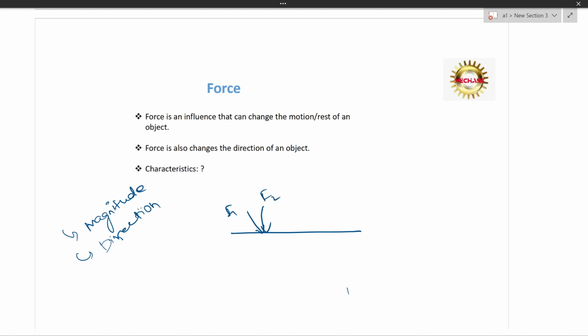What is the difference between F1 and F2? The angle. Here the angle is approximately 90 degrees. Here it might be 60 degrees. If you draw the line of action, that is the extension of this, it will be different, so it will create a different impact on this beam. So we should also consider the line of action.